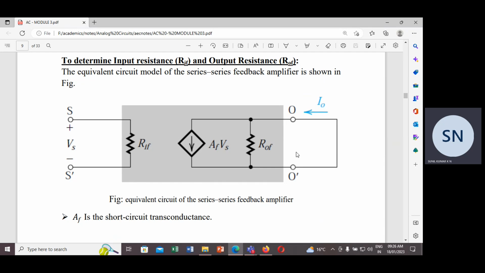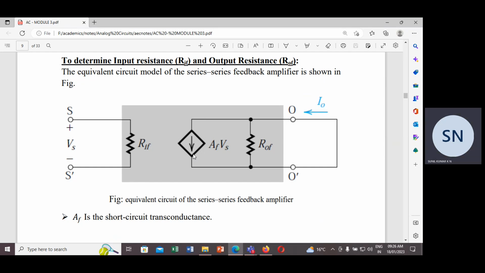But since the output is of transconductance type, the output should be current, so I am going to make it an equivalent current source with a parallel combination of the ROF. Understood the idea? If it were a voltage, I would have written AF times Vs in series with the ROF. Since the output is current type, I am going to connect the ROF in parallel.